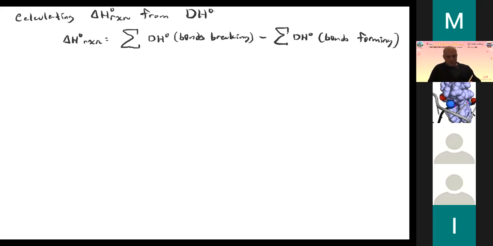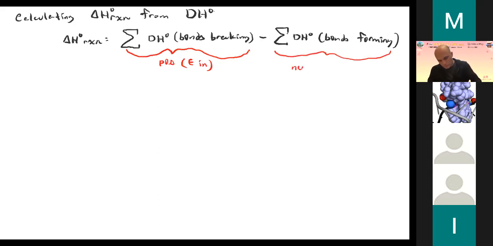The first term is positive: it takes energy to break bonds. The second term is negative because when I make a bond, I get energy out. That's always stabilizing. What we're looking for in terms of favorable or unfavorable reactions is whether the overall delta H of the reaction is going to be negative or positive.